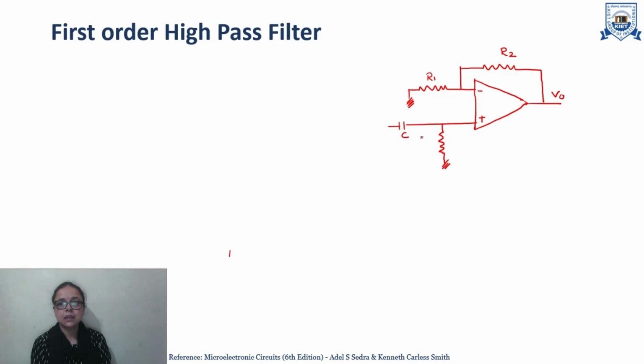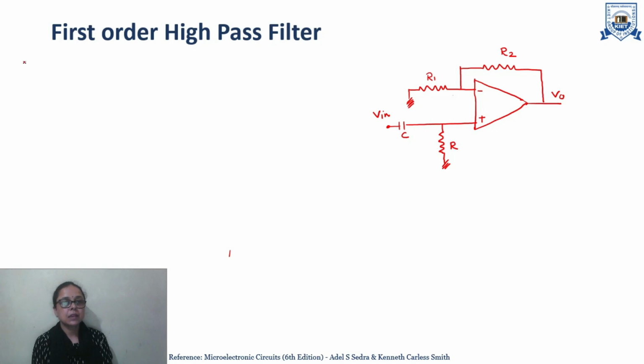This is C R, and here we apply the V in. So, the basic structure is same, but here R is replaced by C and here C is replaced by R, if we compare this circuit with the low pass filter.